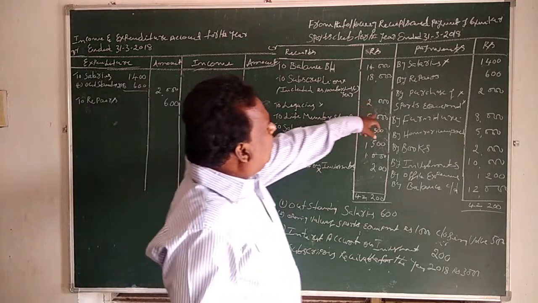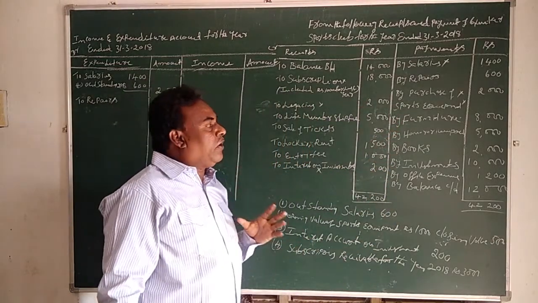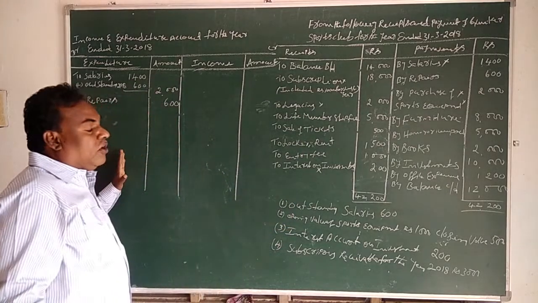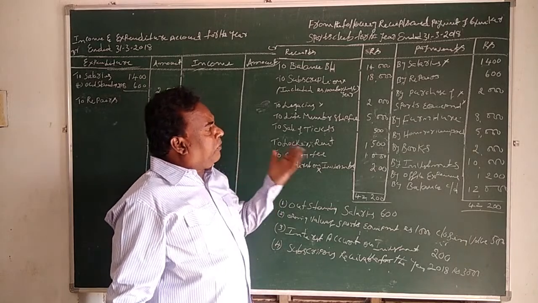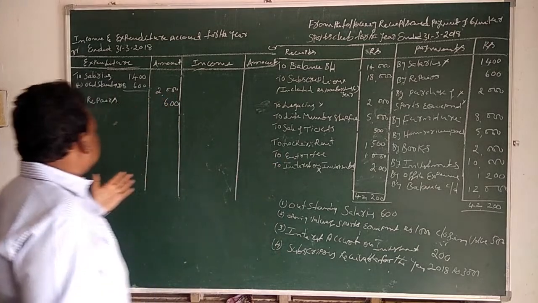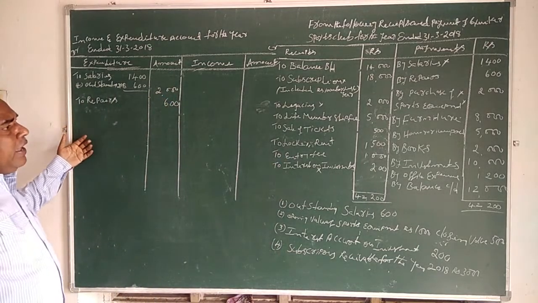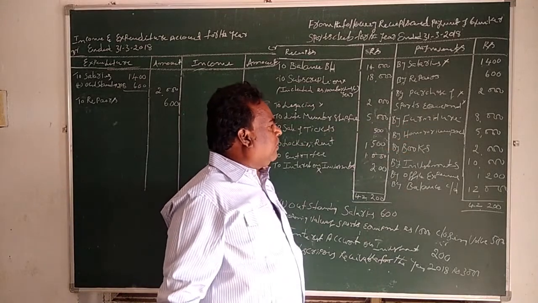Next, purchase of sports equipment. Purchase of sports equipment is a capital expenditure, not recorded on the debit side of income and expenditure account. It is only recorded in the balance sheet. Meanwhile, if there is depreciation on sports equipment, the depreciation must be recorded on the debit side of income and expenditure account. Similarly, furniture is also capital expenditure.